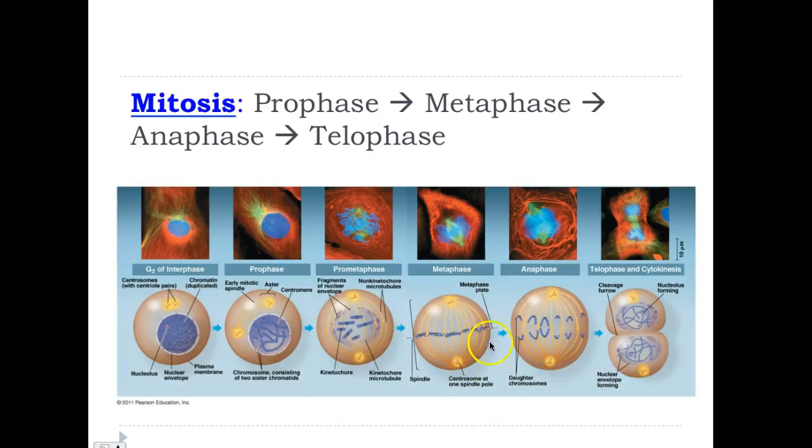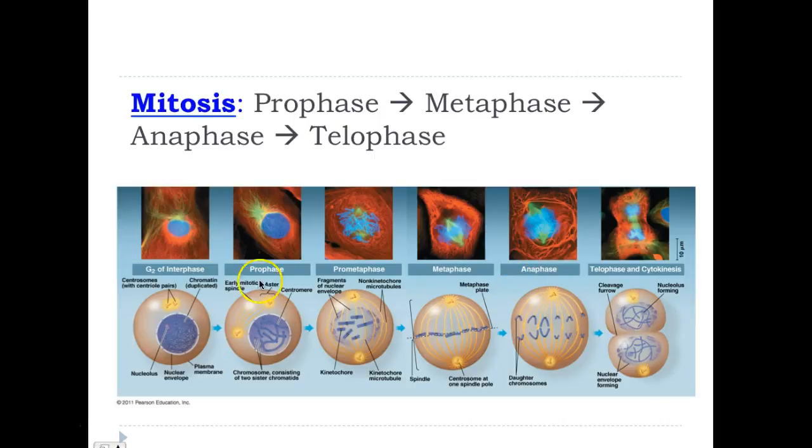The reason for that spindle is that eventually it's going to start to elongate the cell. The sister chromatids are going to be pulled from their centromeres and migrate to the poles of the cell. The non-kinetochore mitotic spindle is going to help elongate the cell, and that will allow for telophase and cytokinesis to take place.